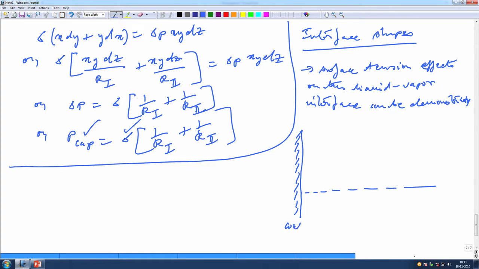This is a wall, and there is a liquid which partially wets the wall. This is given as z naught, this is the y axis, say this is the z axis. There is vapor here, this is liquid here, there is liquid all over.